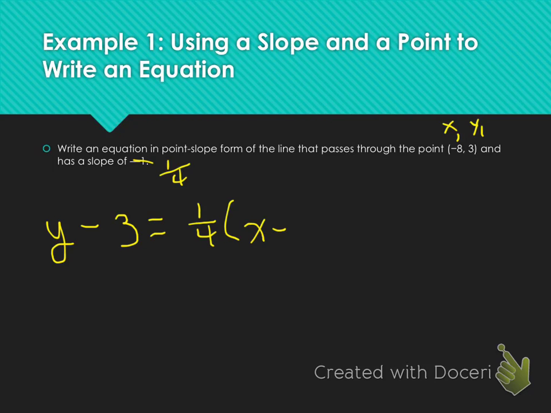But minus a negative 8, I could just write plus 8. So this is it written in point-slope form. And we can leave it in that form because that is a viable form of writing. I know you see slope-intercept form a lot, but point-slope form is another way of writing an equation.